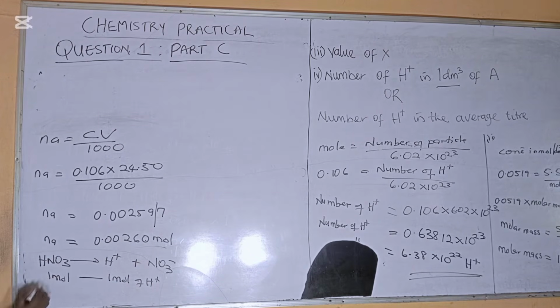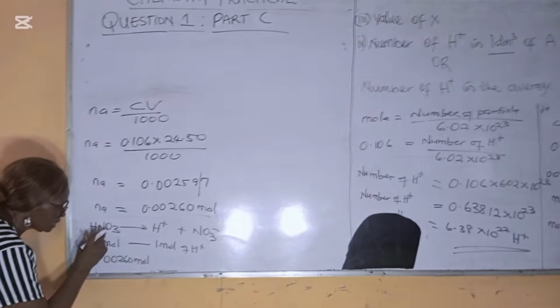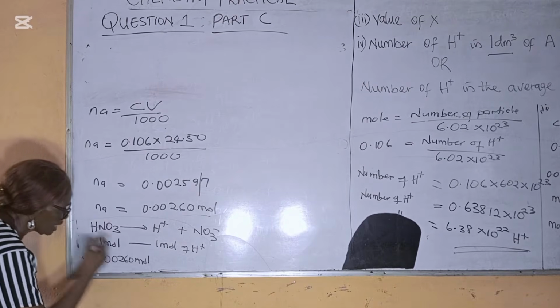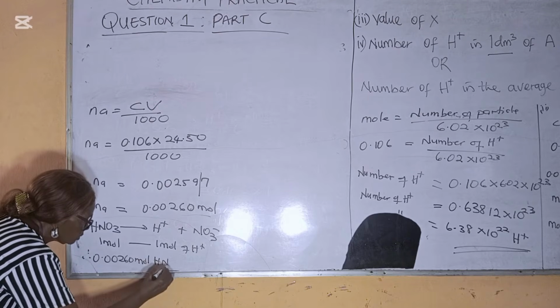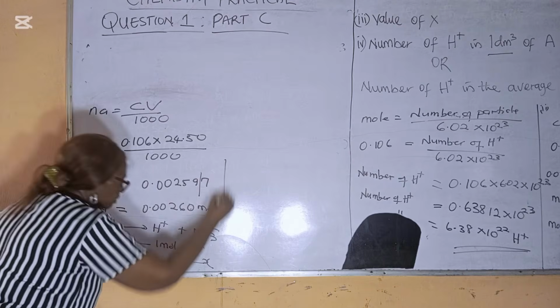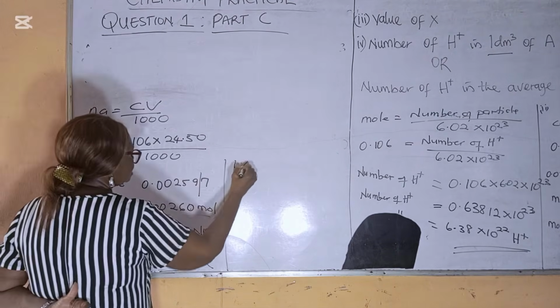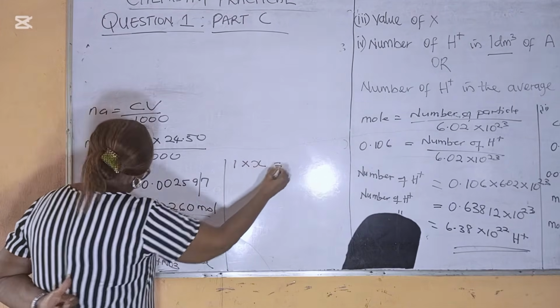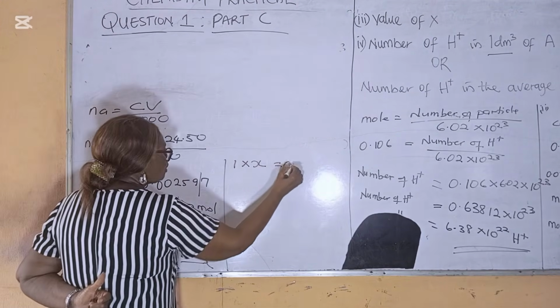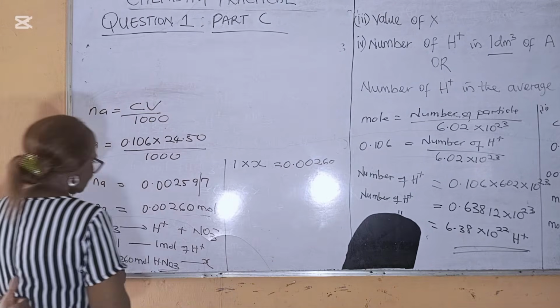Therefore, 0.00260 mole of this acid, which is in the average titer, will give us X. Cross multiply: 1 times X equals 0.00260 times 1.